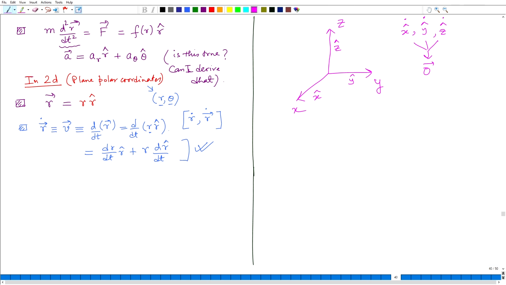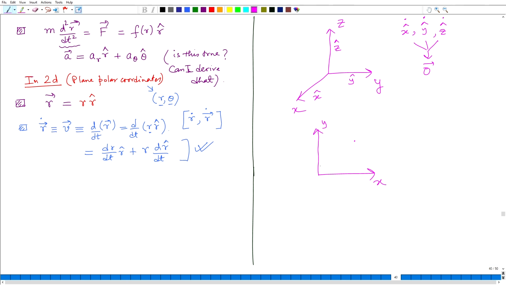But what happens in a plane polar coordinate system? You can also think of this in the case of a spherical polar coordinate system, but for this lecture I am staying a little simpler, and I just do this 2D plane polar coordinate. In 2D you have x and y, and you have r and theta.